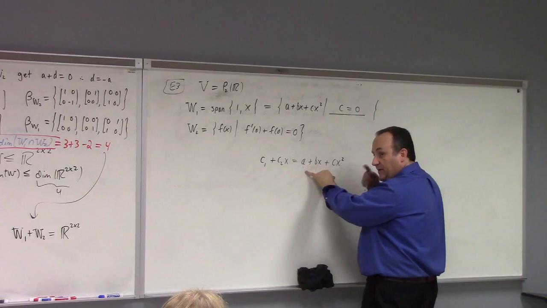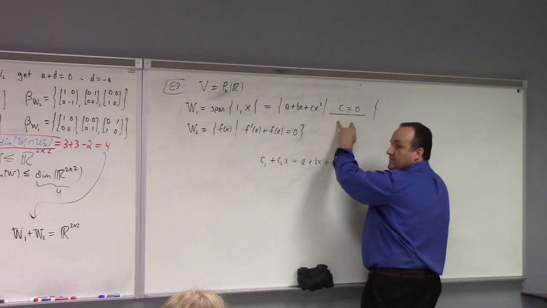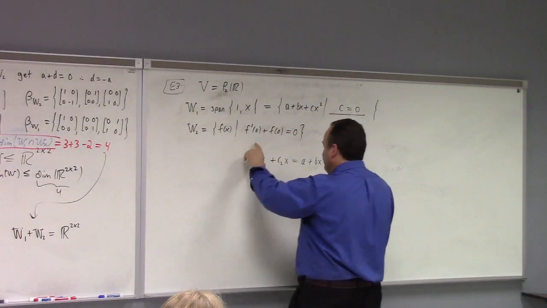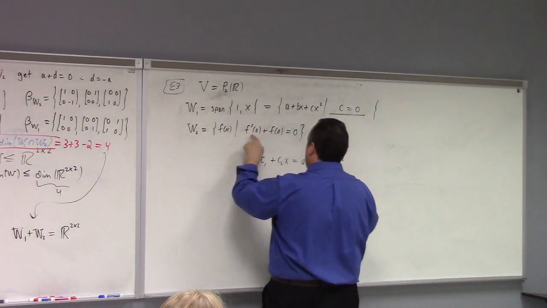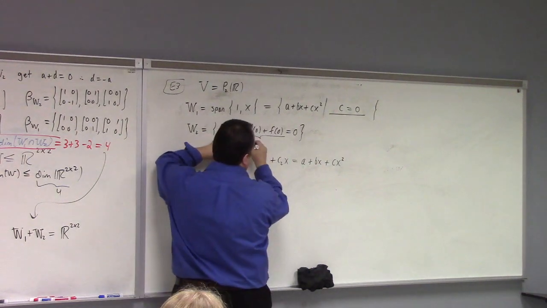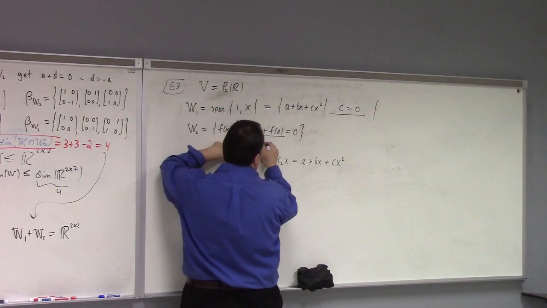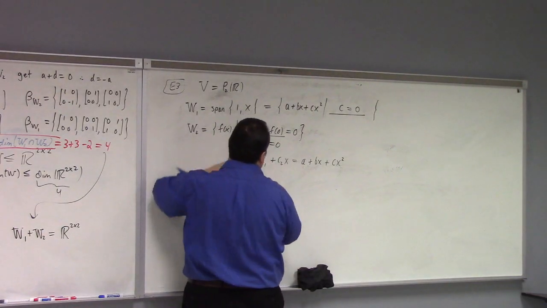So that's my way, personally, of converting a span to an equation. So in this notation here, that'd be B plus A equals 0.